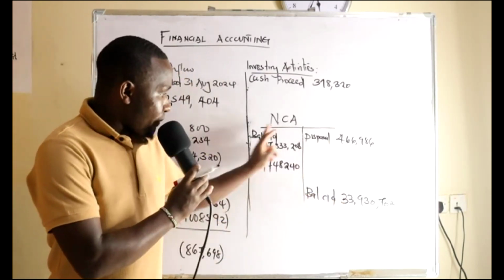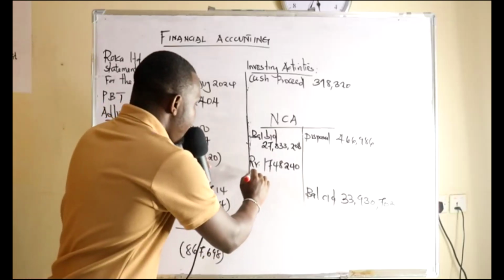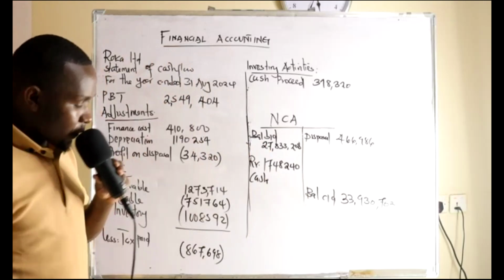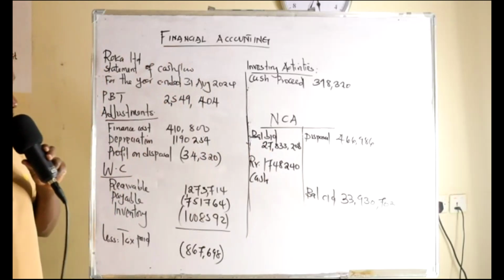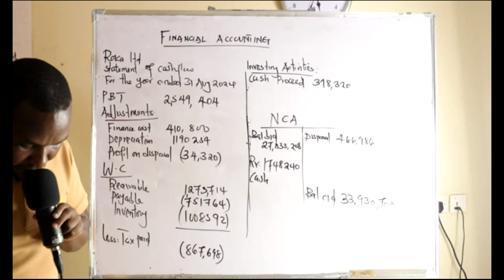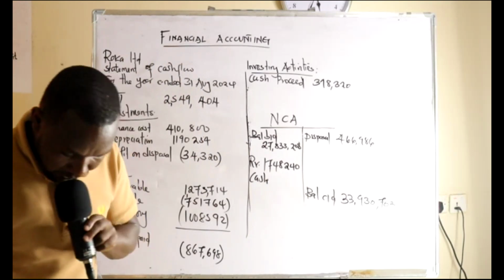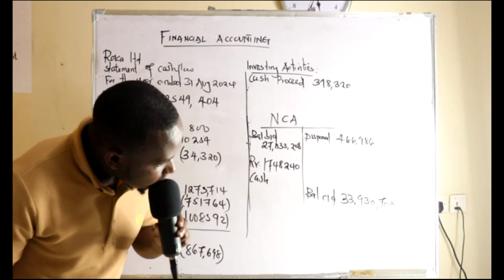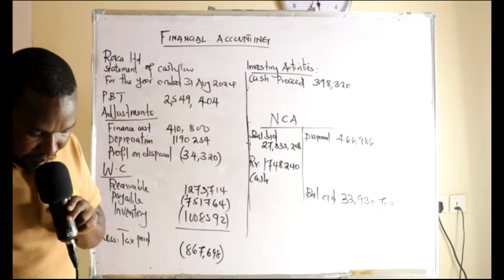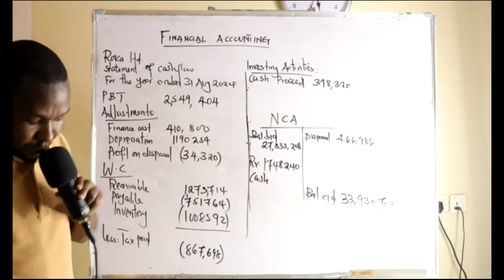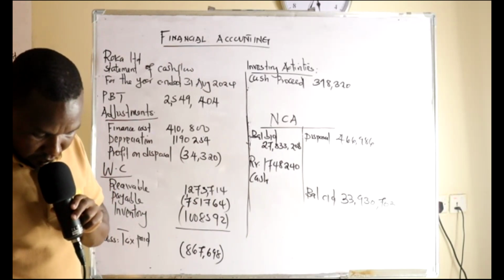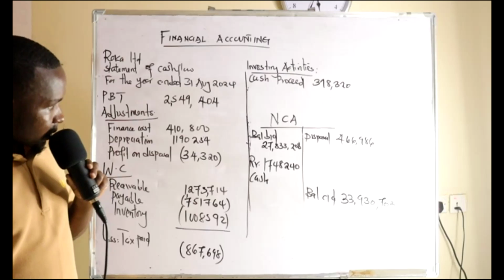So the balancing figure here is the cash. Let's take the total of the credit side, 466,986 plus 33,930,702, minus 27,833,208. I'm still getting a lot of figures.